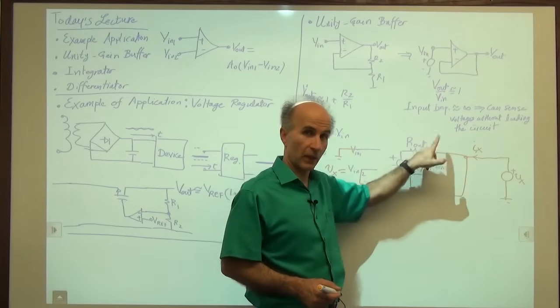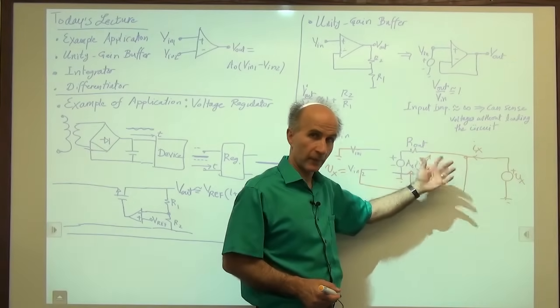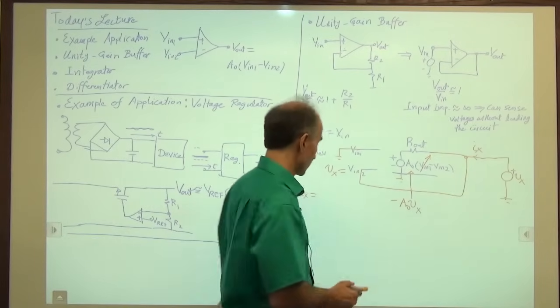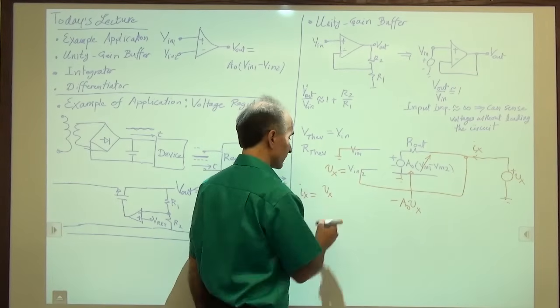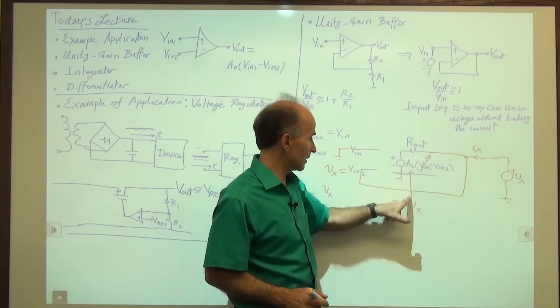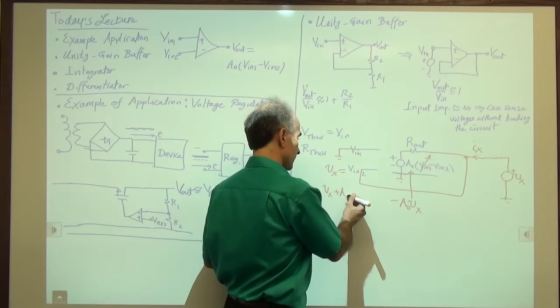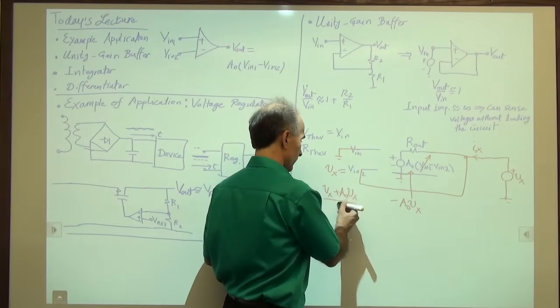And that current is given by this voltage minus this voltage divided by R out. This voltage is Vx, so it's equal to Vx minus this voltage. This voltage is minus A0 Vx. So plus A0 Vx divided by R out.